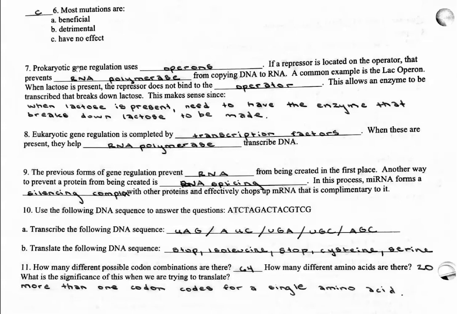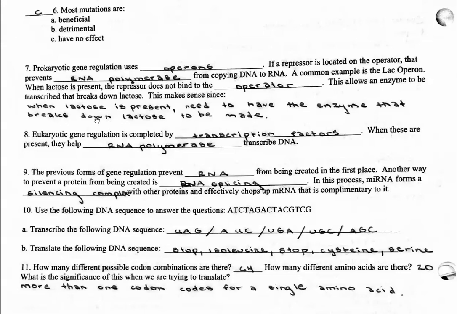In prokaryotic gene regulation, what's happening is we're using operons. And so what will happen is a repressor will be put onto the operator, and that prevents the copying of DNA into RNA. Specifically, it prevents RNA polymerase from copying DNA. Now, in this example with lactose, the repressor that would go onto the operator to stop the RNA polymerase from copying is not present.